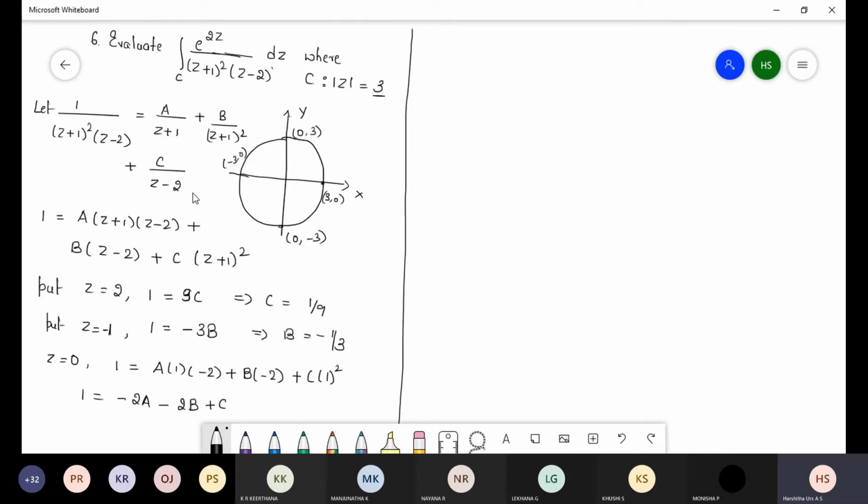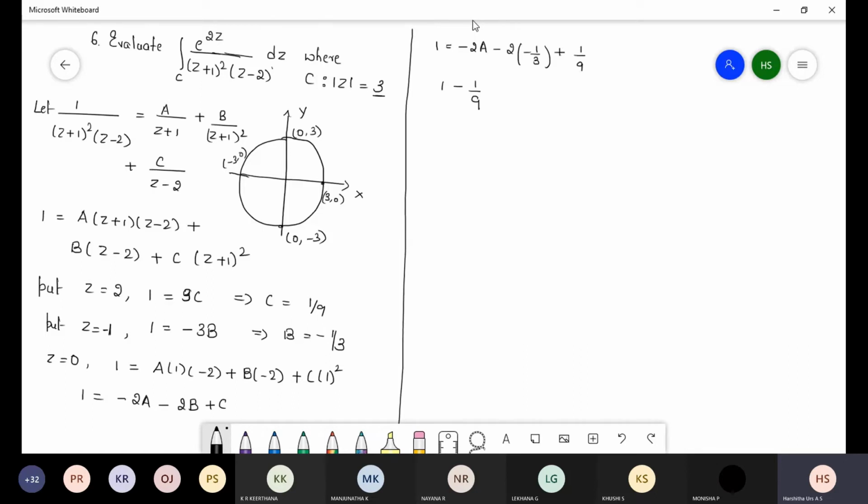Now we are going to find the a value. So minus 2a as it is, minus 2 into the b value minus 1 by 3, and the c value plus 1 by 9.